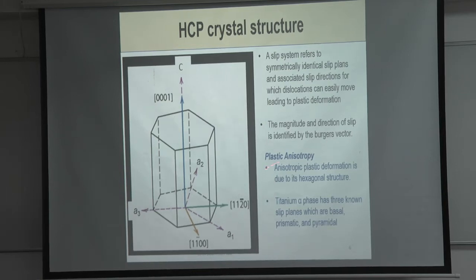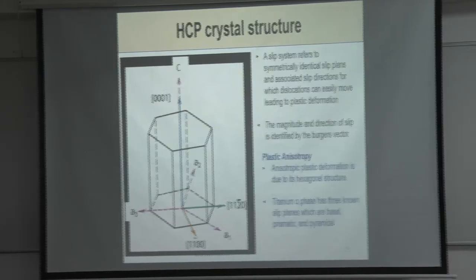So the plastic anisotropy in alpha-beta or near-alpha titanium alloys comes because of this phase. Because if it's only an FCC or BCC phase, it's very simple. In FCC we have the dominant slip plane {111}, and other slip planes too, but the {111} family of slip planes is for FCC.